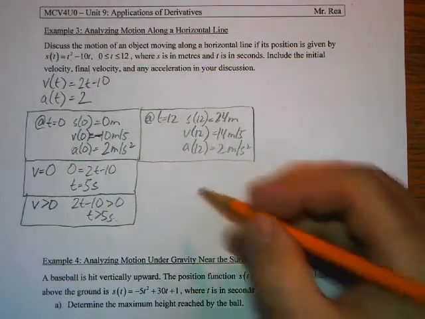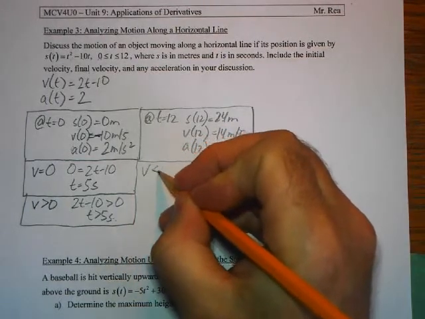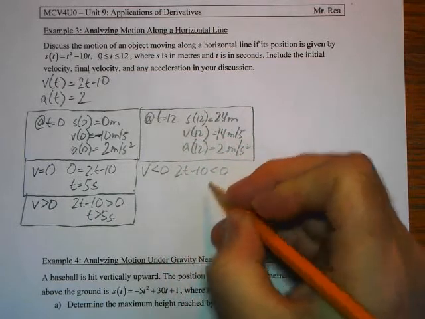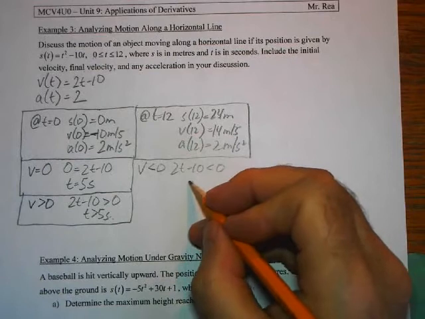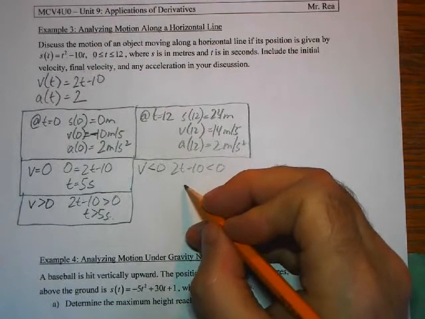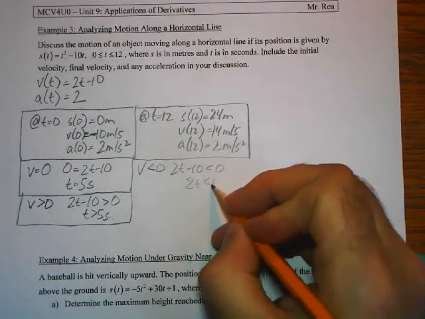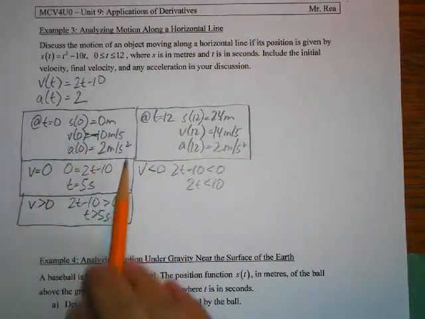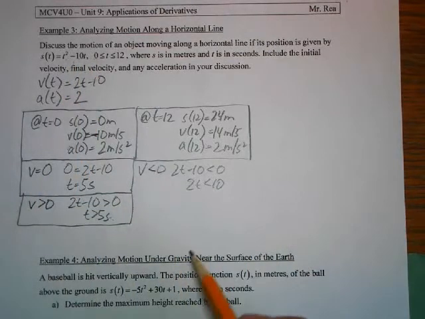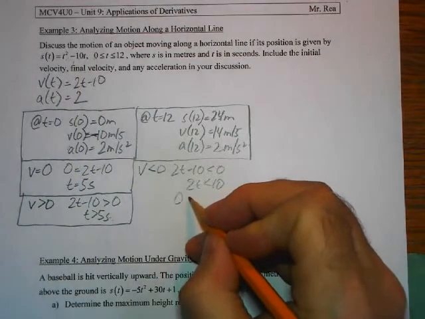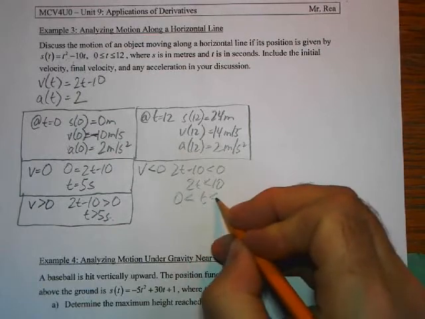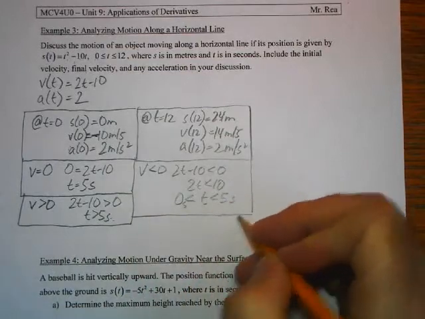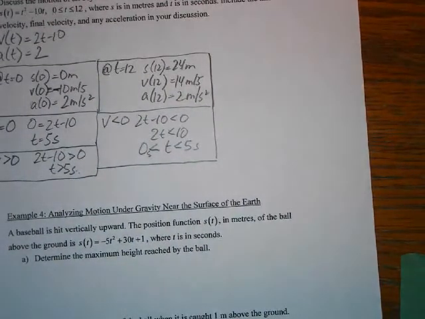I might as well do the velocity less than 0, just to be complete. 2t minus 10 less than 0, so that means 2t is less than 10. Now, you'd think it would be t is less than 5, but the time can't be lower than 0. So between 0 and 5 seconds is when the velocity is negative.